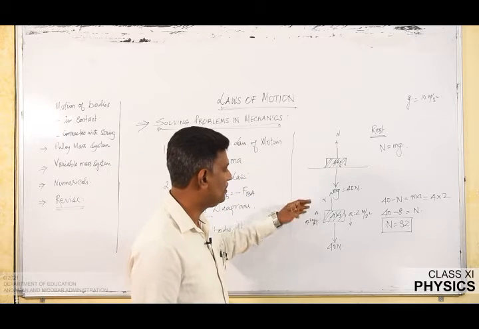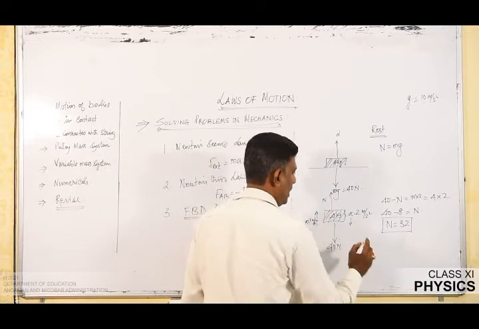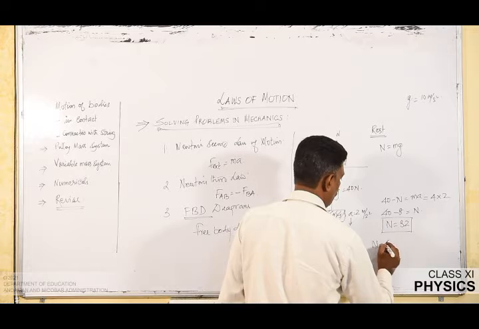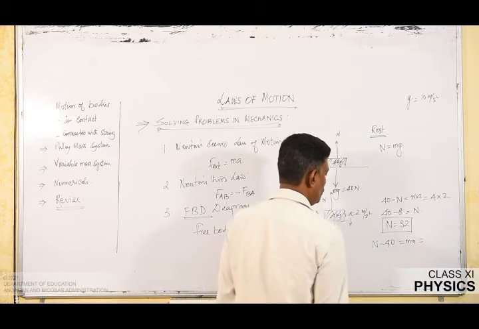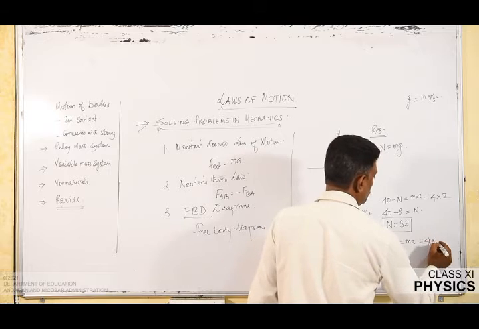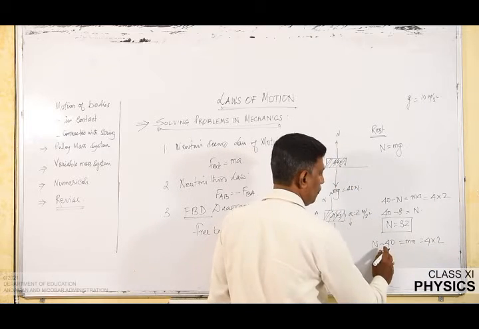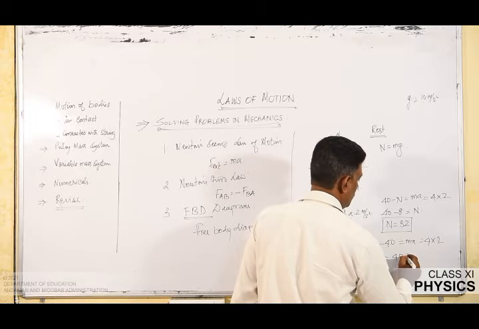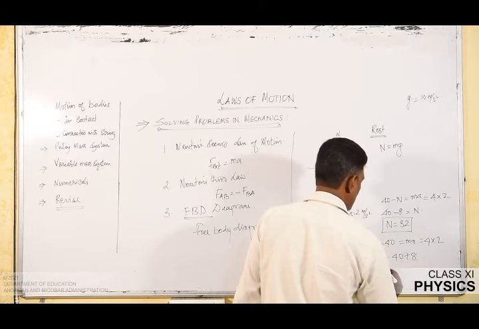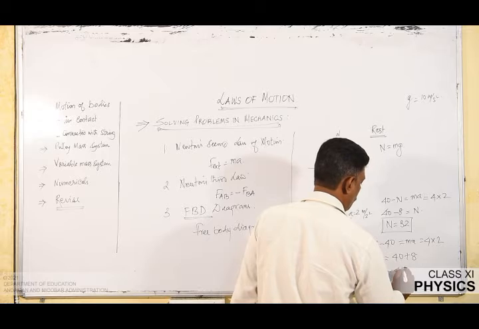Suppose it is moving upward, a is equal to 2 meter per second square, then what will be the condition? That is N minus 40 is equal to ma, that is equal to 4 into 2. So N is equal to 40 plus 8, N is equal to 48.